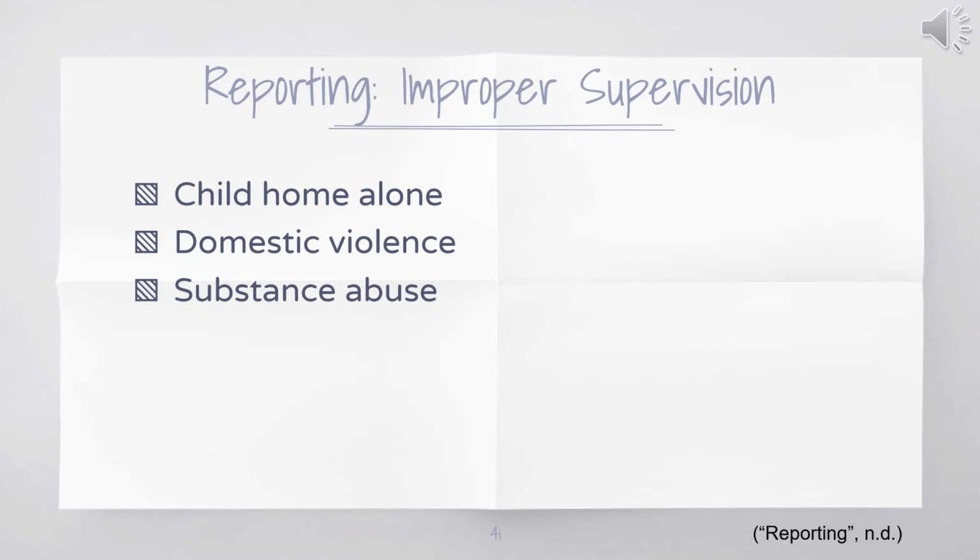Is the parent or caregiver allowing others to use substances in the home illegally or sell substances out of the home? Does the child have access to the substances? Is there violence in the home? Is there a history of involvement by law enforcement due to substance abuse?